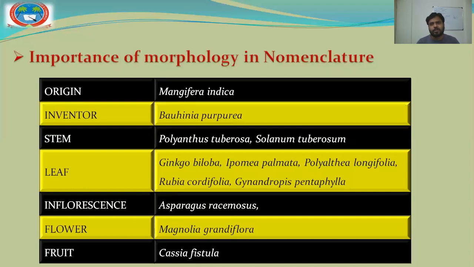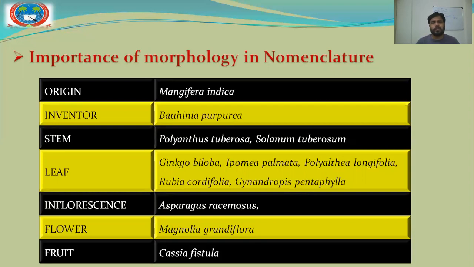If you talk about the plants, there is one organization, or we call it one association, which is responsible for giving the name to particular organisms, which we call ICBN, International Code of Botanical Nomenclature. This association has its particular rules and regulations.